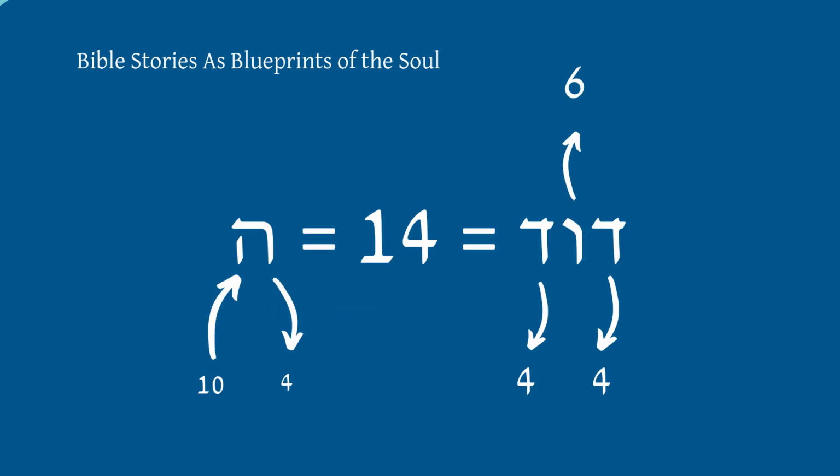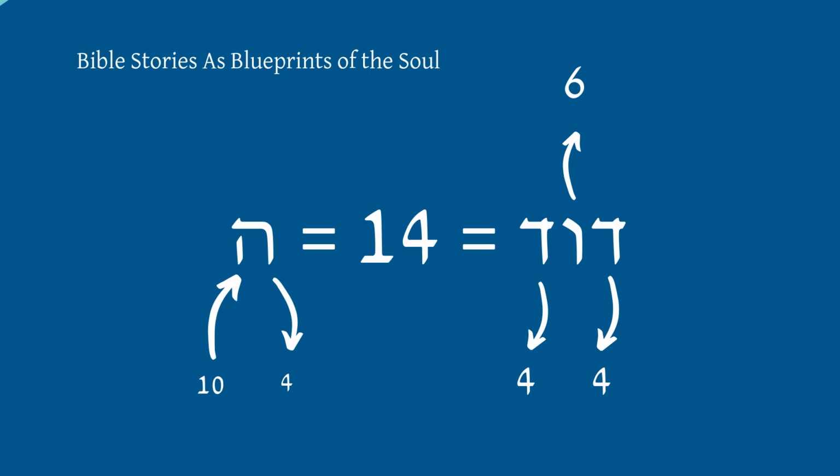On the right side of the equation, we write the name David, Dalet, Vav, Dalet, or in numbers 4, 6, 4, which together they make 14. And on the left side of the equation, we write the letter He, and we make 2 arrows.